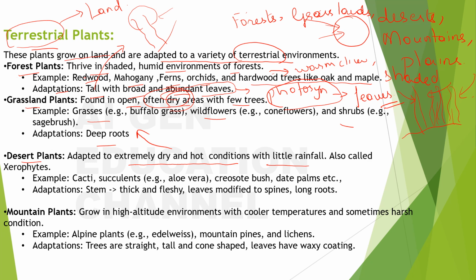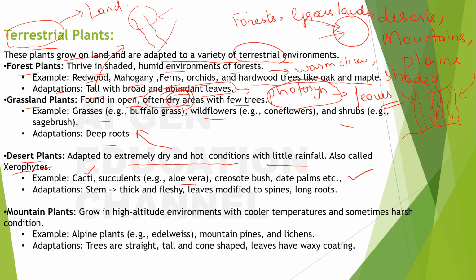So in the forest there will be so much rain and all that, and here you will have little rainfall, right? So extremely dry and hot conditions. These desert plants are also called xerophytes. What are the examples? We all know, right? Cacti and some succulent plants like aloe vera and creosote bush, date palms, etc.